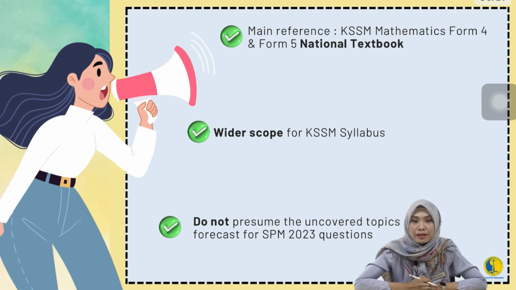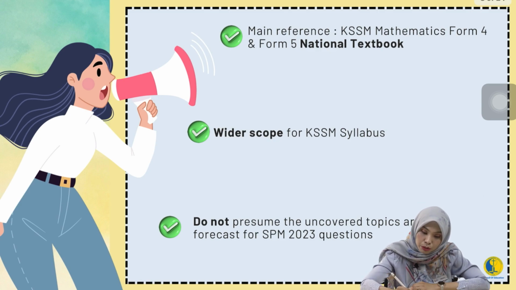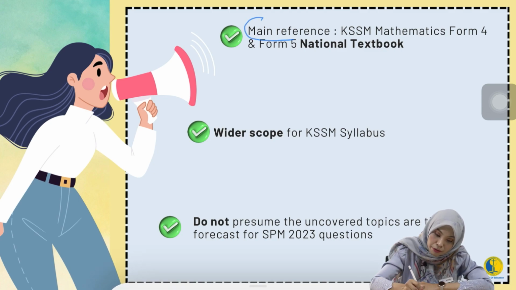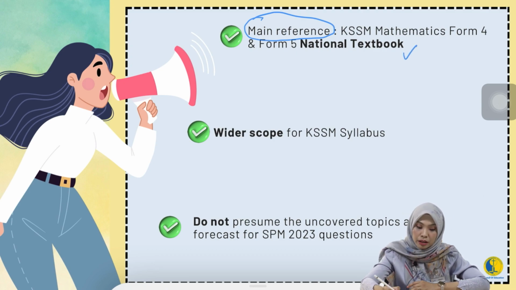Okay, next. As a biology teacher, I always told my WMSSP students that before you study biology, the first thing is you need to always remember, your main reference is always our national textbooks, the biology textbooks, Form 4 and Form 5.